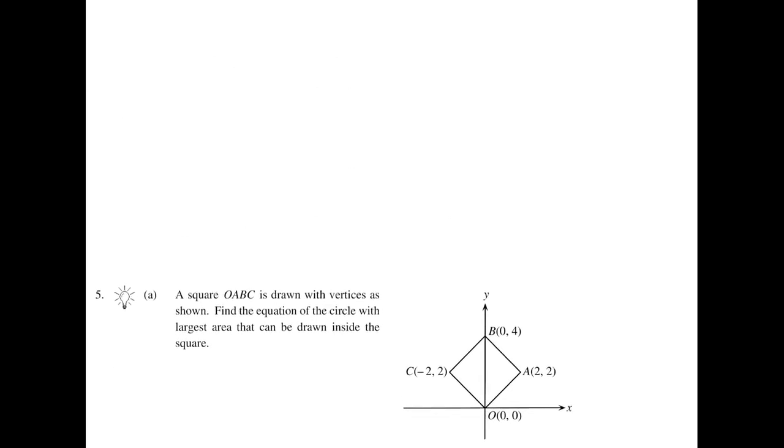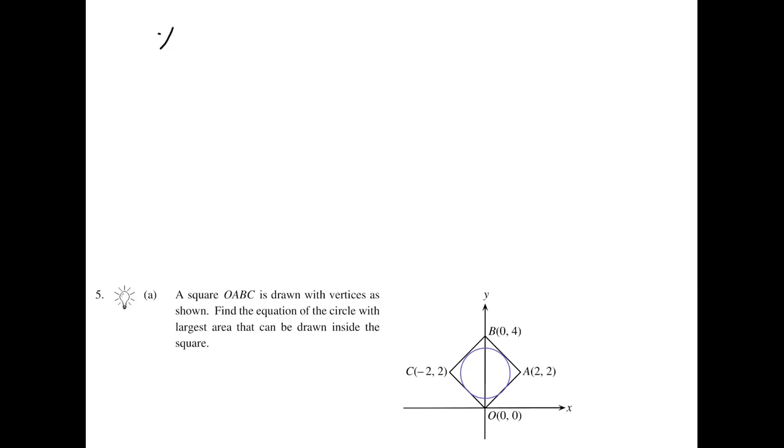Alright, so let's first draw a small circle inside the square. So like that. And they want you to figure out the equation of that circle. Okay? So how do we do this? Well, the first thing, of course, is you have to know the format of the equation of a circle.